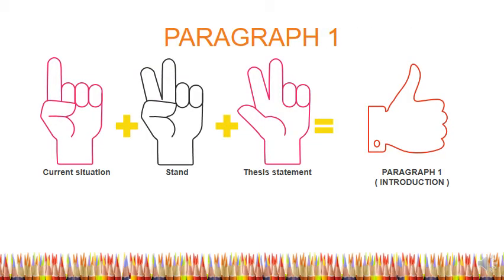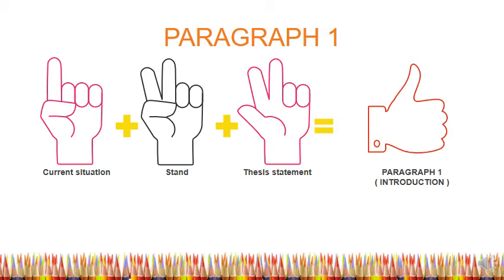Let's recap a little bit over here. In order to create an effective paragraph 1, all you need to do is obey the 3 steps. Step number 1, create an effective current situation or general statement using 5 hooks. You choose any of that hook.